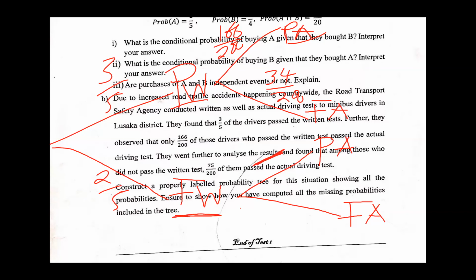You first fail the written test, then you pass the actual test. 75 over 200. Okay. What about those that failed everything? Well, 125 over 200. 125 over 200. Any question?